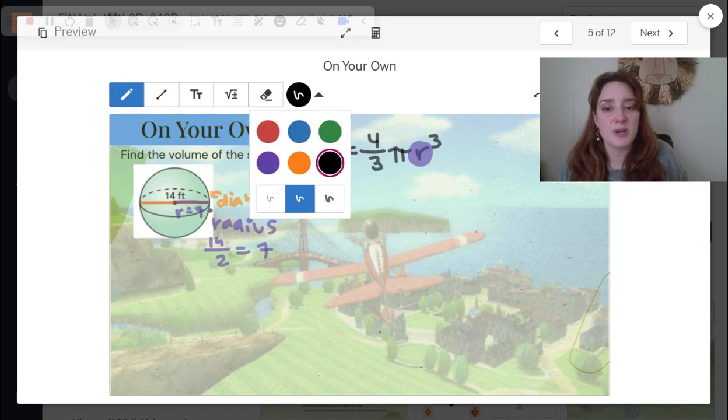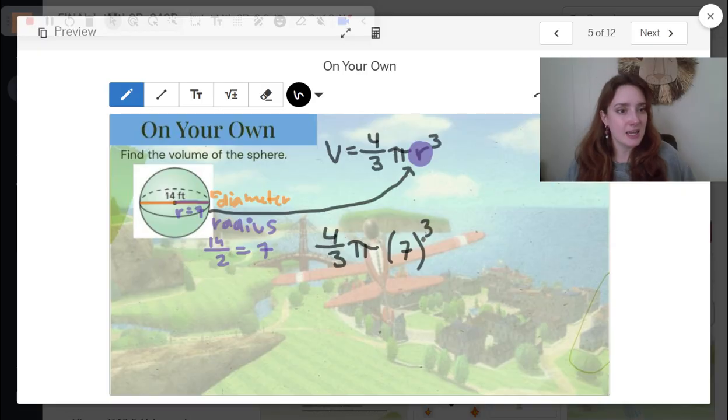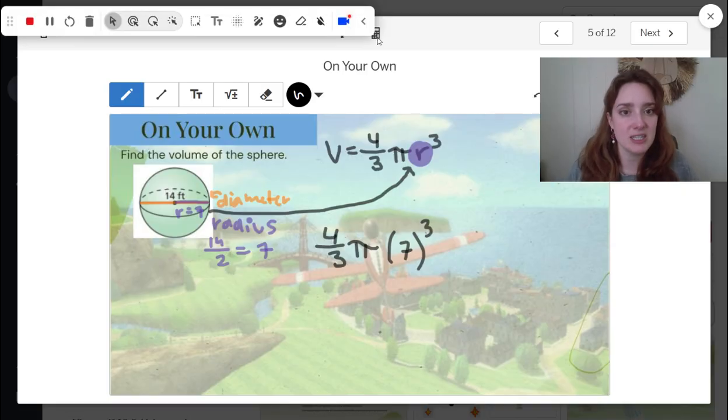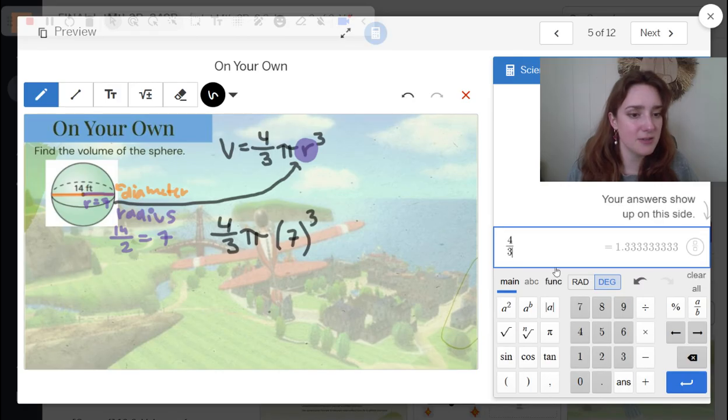Once we know what the radius is, we plug it into our formula. So 4/3 pi, and instead of r, we're going to replace it with 7, and then that's cubed. Let's see in the calculator. 4 divided by 3 pi times 7 cubed.